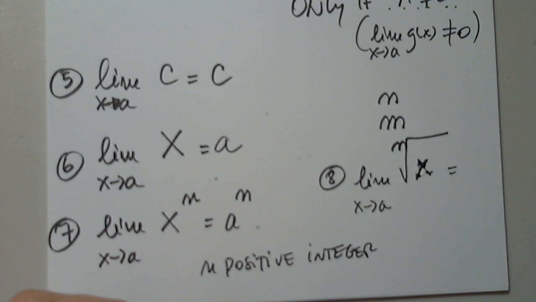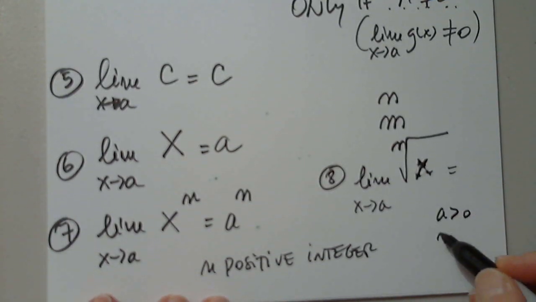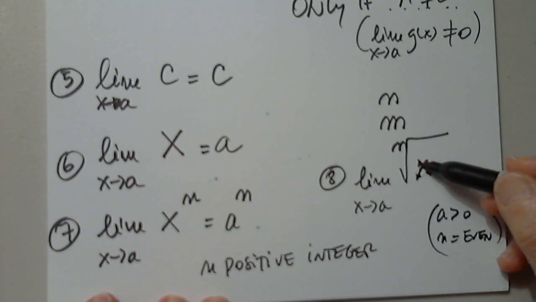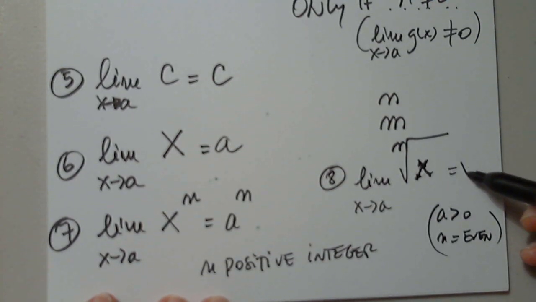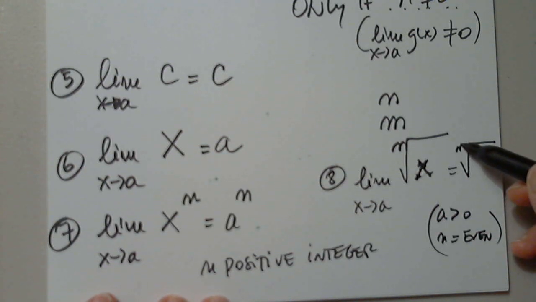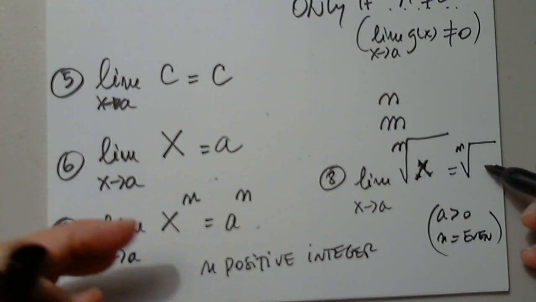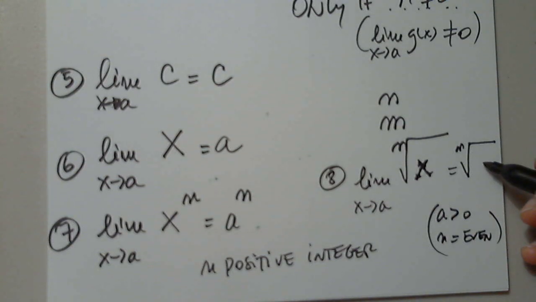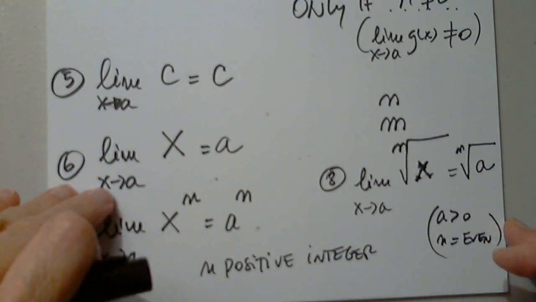It's just that there is a root. So a is positive for n even. So what would be the answer? They're all the same. All these 3 are the same. A. That's it. Good.